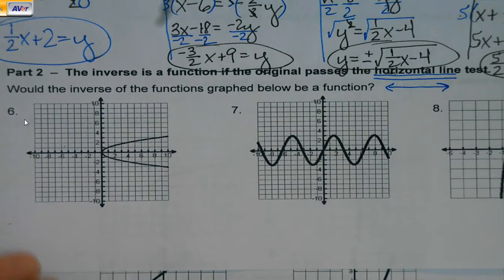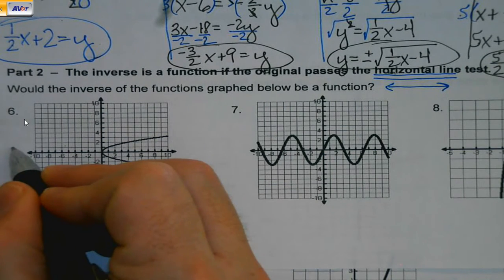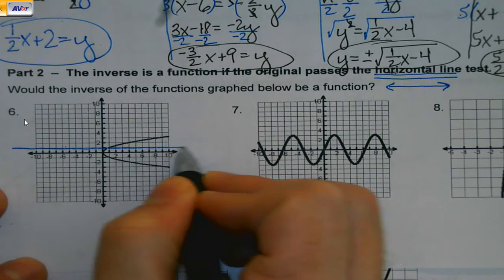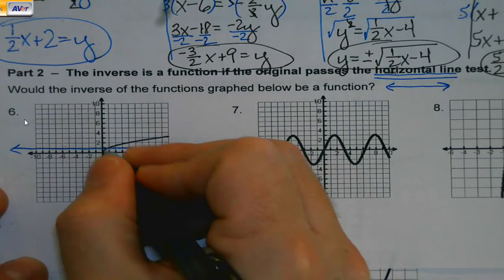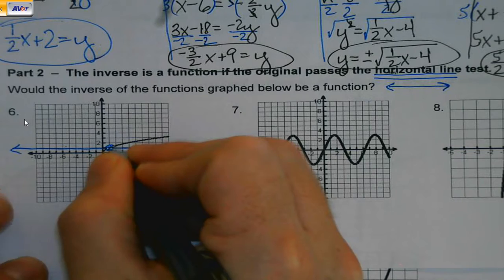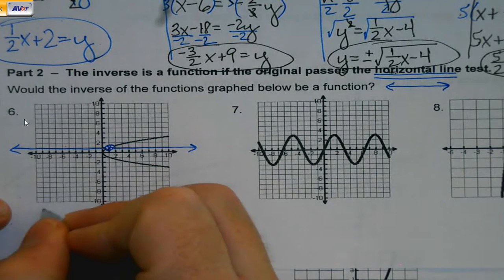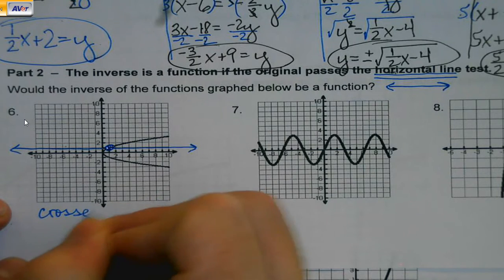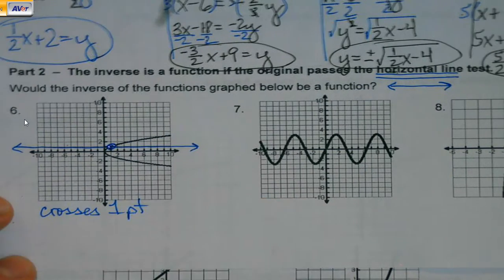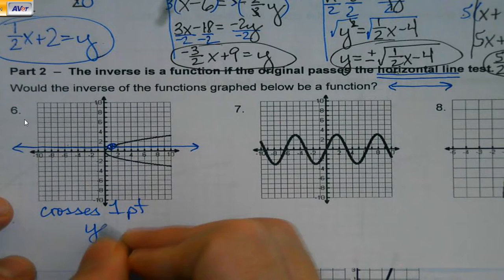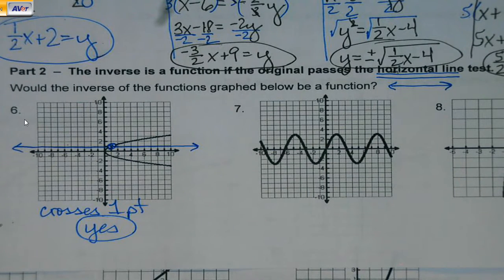So basically all we're going to do is we're going to take and draw a horizontal line somewhere towards the middle of our graph. And we're going to look to see how many times it crosses our graph. If it only crosses at one point and one point alone, then yes, the inverse would also be a function.